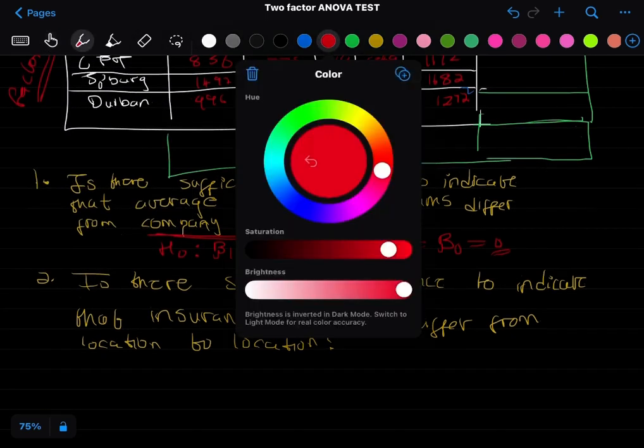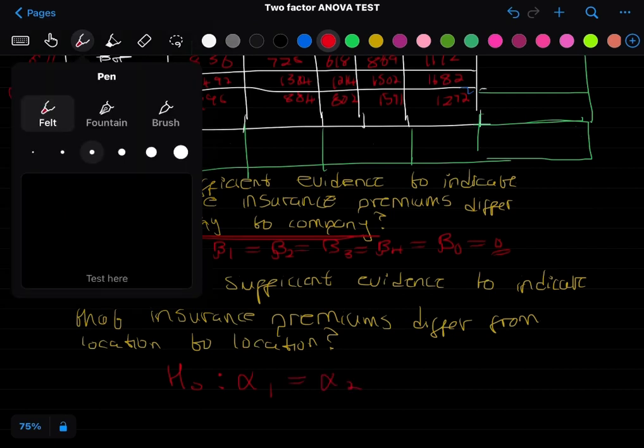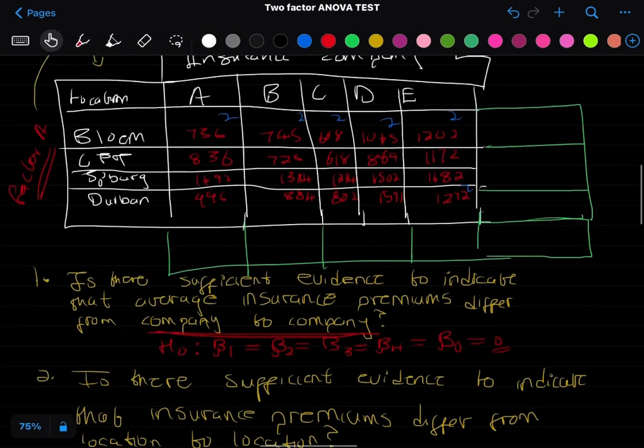Now, for the second one, our null hypothesis will be H0: alpha 1 equals alpha 2 equals alpha 3 equals alpha 4 equals 0. We have 4 locations: Bloemfontein, Cape Town, Joburg, and Durban.